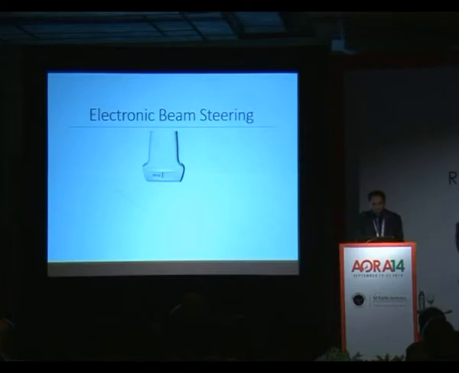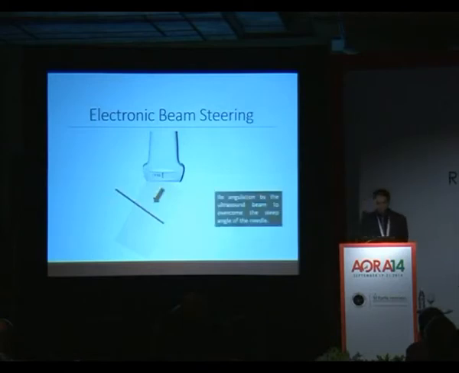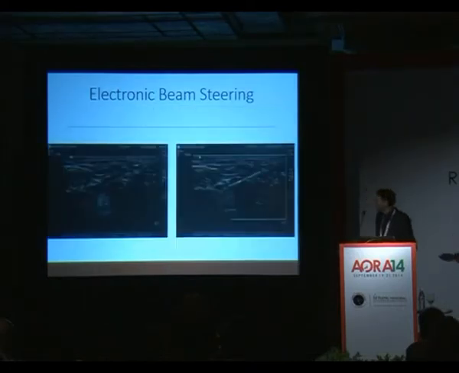Now, you remember that needle that we couldn't really see too well? That's because the beam isn't perpendicular to the needle. But what the beam steering does is, it shifts the beam to look slightly more perpendicular to the needle, and this highlights the needle. So it's a very simple concept. It's re-angulation of the ultrasound beam. And this is what it would look like.